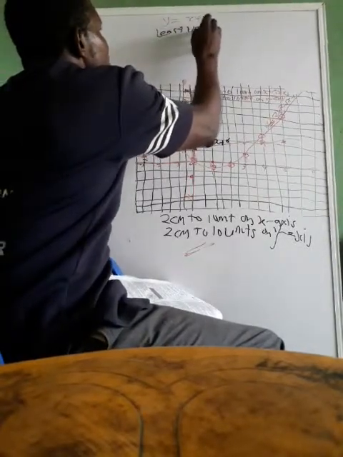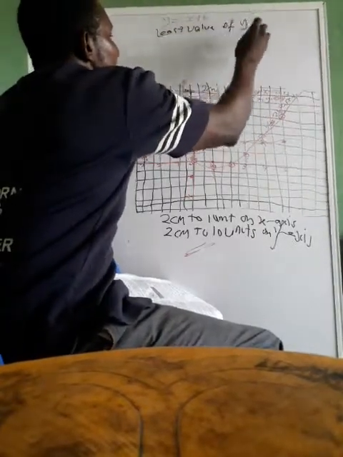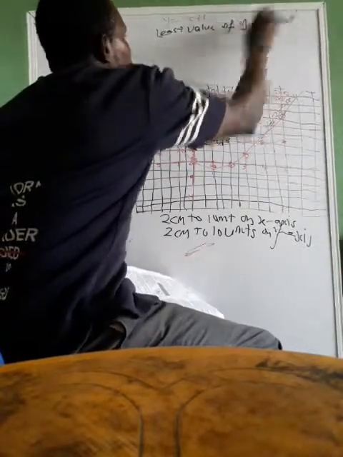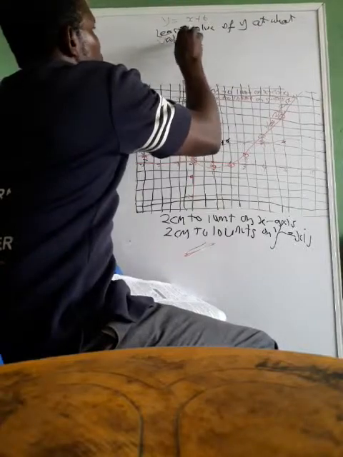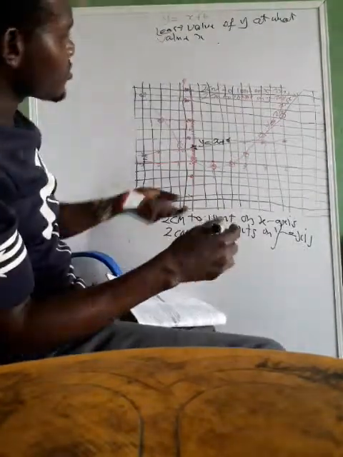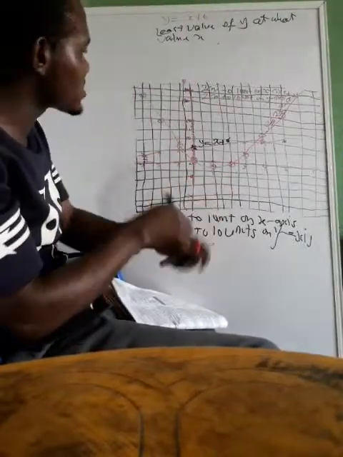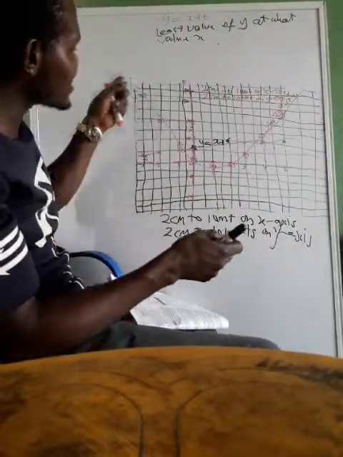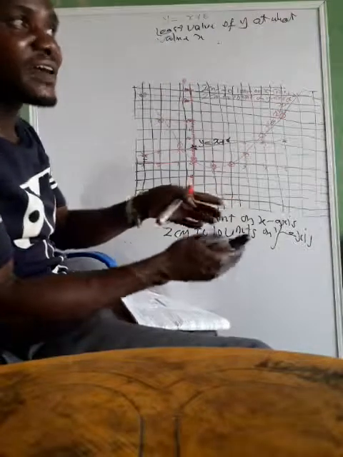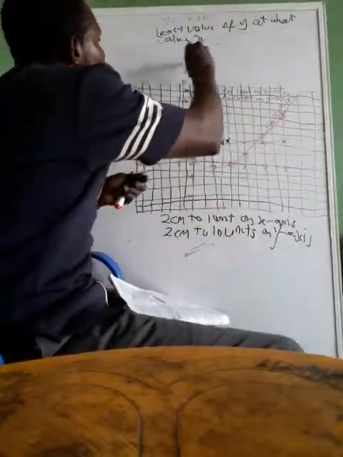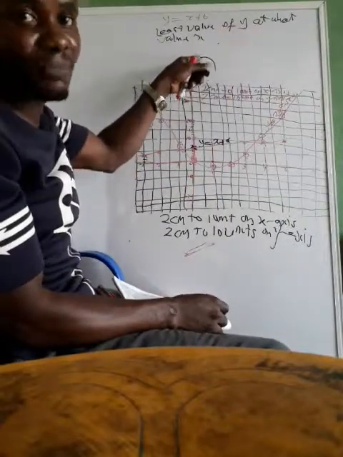At what value of s does it occur? So now from your graph, that's why you've done everything, just pick your answer from the graph. So the least value of this graph, now see the graph. What is the least line? That is the bottom line. So had this graph been like this, they would ask us for the highest value, the maximum value.